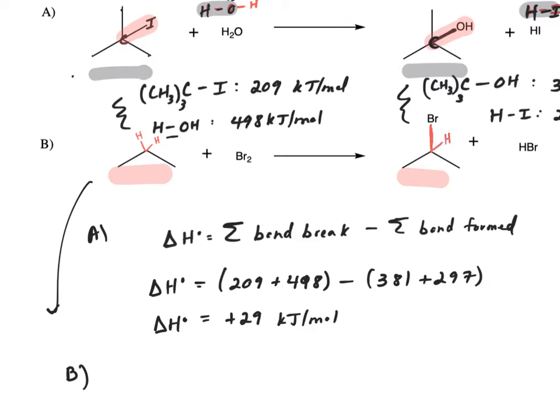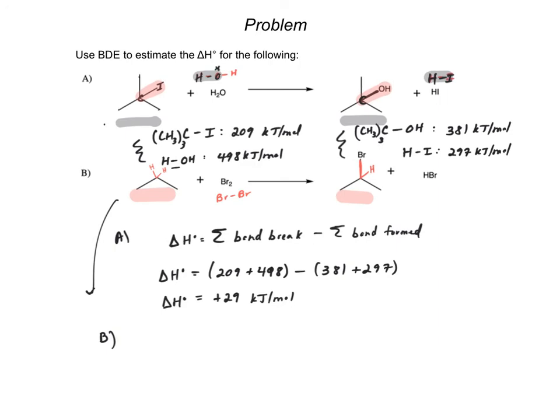So we still have one of those hydrogens, but the other one has been replaced with a bromine. The bromine is coming from the dibromide in the reactants, and it's being replaced with an HBr in the products, okay? So the bonds that we're breaking here are 1 and 2, whereas the bonds that we're forming are, 1, a bromine-carbon bond, and 2, an HBr, okay?